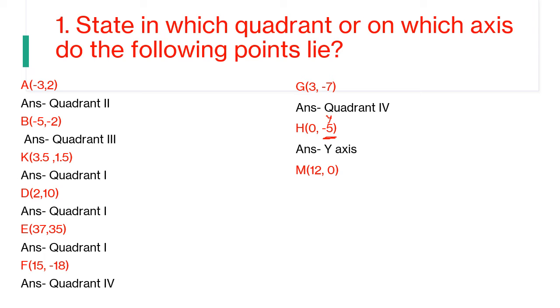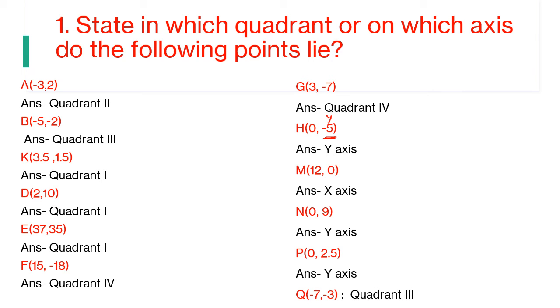So again here, the x coordinate is given, right? So this will lie on the x axis. Here in the next one, point N, the x coordinate is 0 and the y coordinate is 9. That means it lies on the y axis. And lastly, 0 comma 2.5. So this 2.5 is the number given here and the x coordinate is 0. So this will again lie on the y axis.